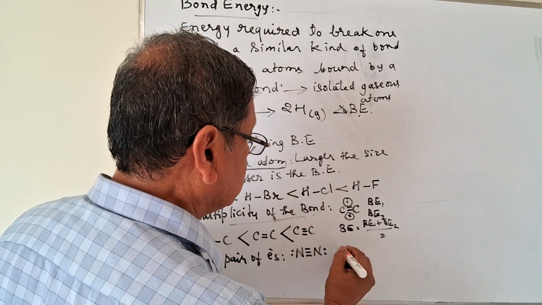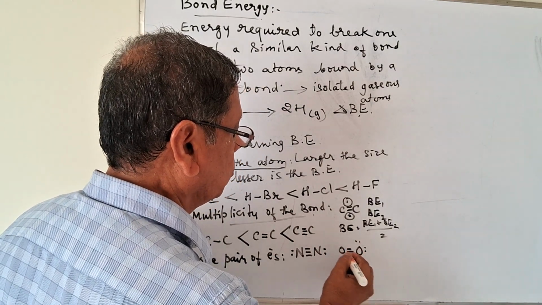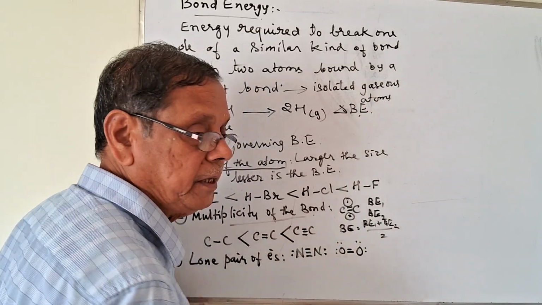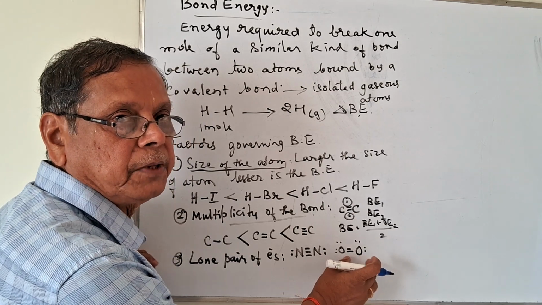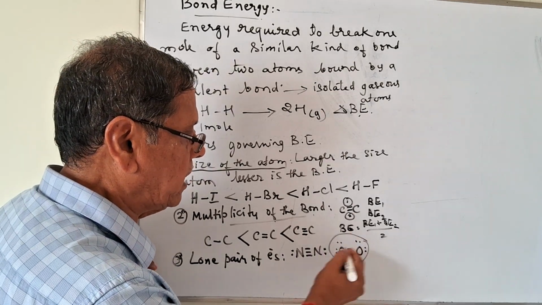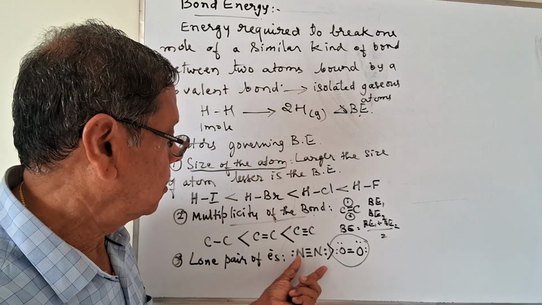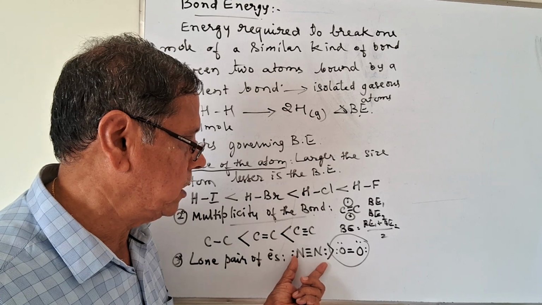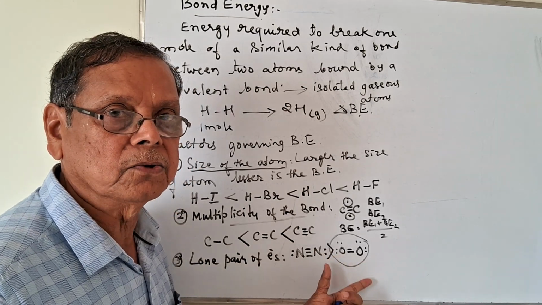But in case of this oxygen-oxygen double bond, there are two lone pairs on each oxygen atom. That's why there will be more repulsion in case of the oxygen-oxygen bond. That's why the energy required for this one is lesser as compared to that for the nitrogen. So nitrogen-nitrogen bond dissociation requires more energy as compared to oxygen-oxygen bond dissociation.